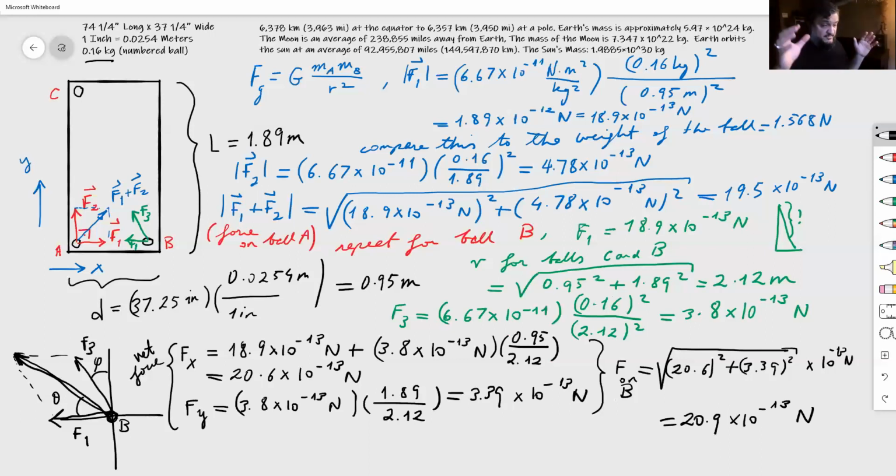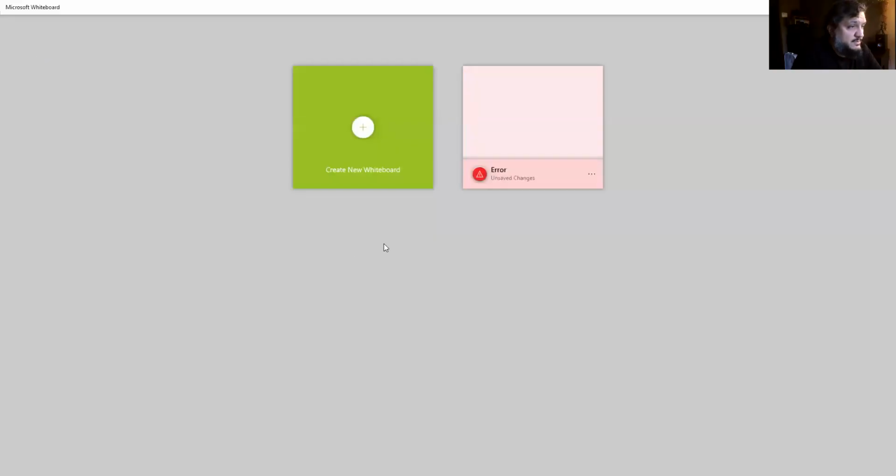What about really large objects like the moon, the earth, and the sun? So I Googled some numbers here about the dimensions of the earth, moon, sun system, and the masses and so on. So let's copy this data sheet here, and then open up another whiteboard.